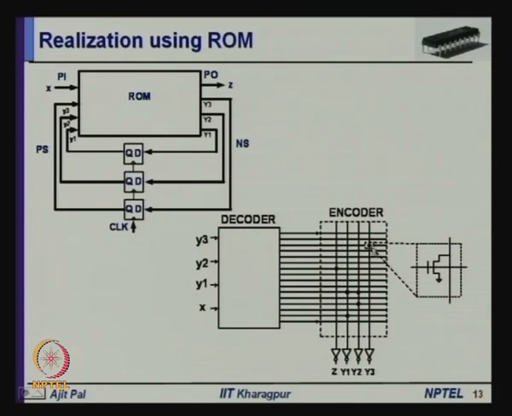So, this is the implementation by using mask programmable ROM. That means, the ROM is fabricated at the mask stage, that is, the fabrication house does it.